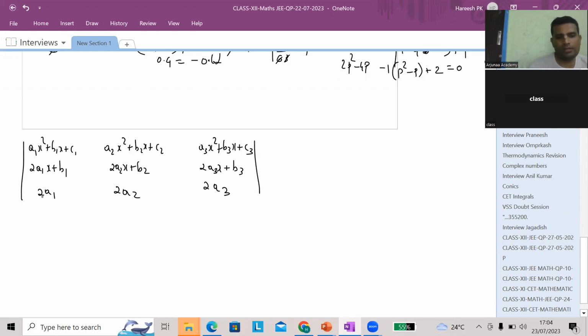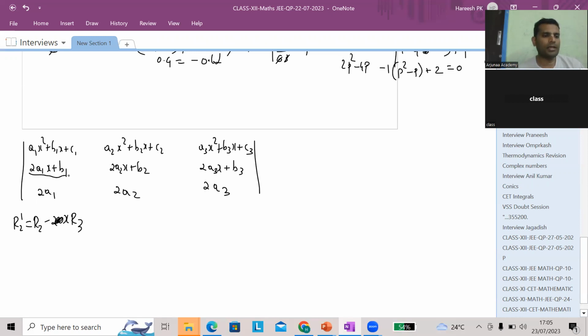One way to calculate this determinant, children, is that can I not use the row operation? Can I not say R2 dash is equal to R2 minus x into R3? Yes or no? You understood what I'm doing?